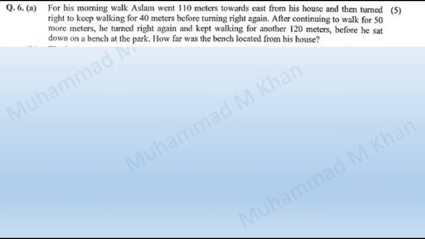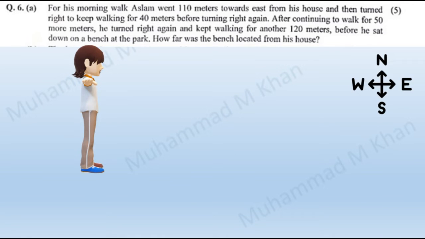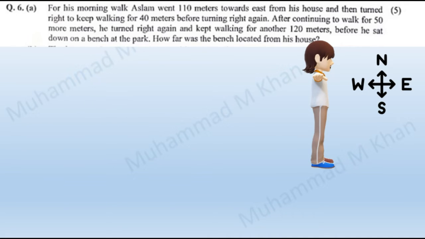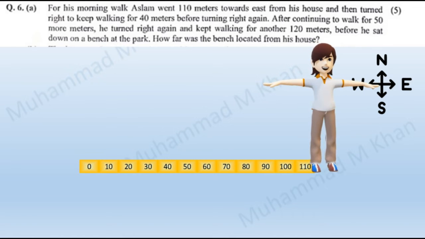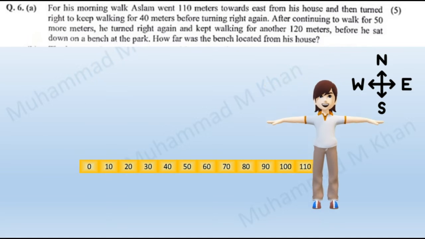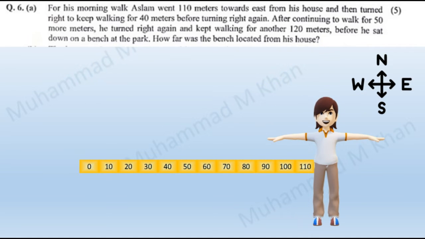According to the question, Aslam went 110 meters towards east. Suppose this is Aslam's figure. He went 110 meters towards east. Since he's facing east, he'll move in this direction. Then he took a right turn and walked for 40 meters.